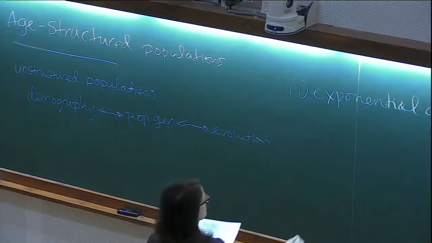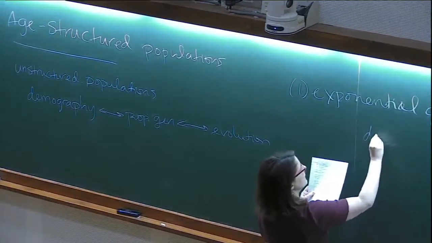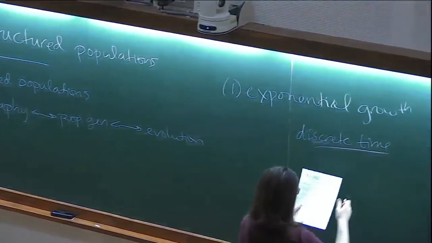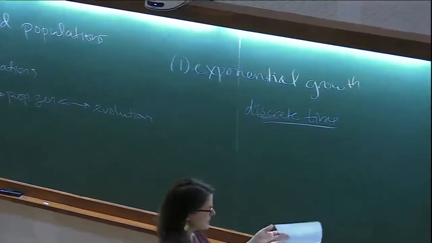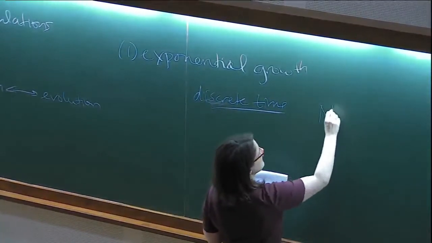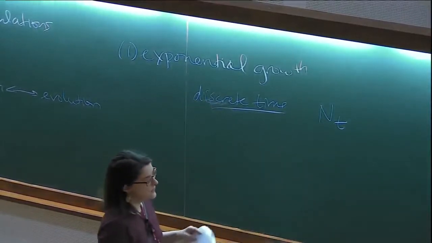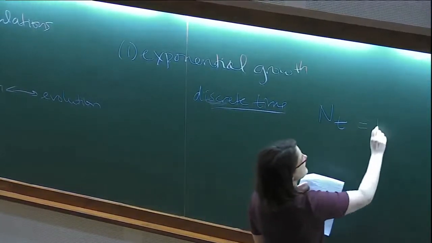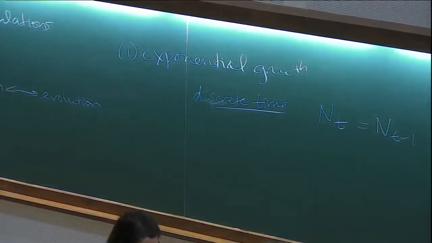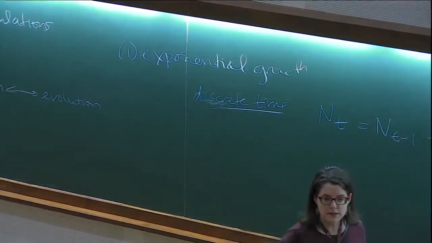So in discrete time, we might think to ourselves, well, at time t, what is the number of individuals in this population? We can write it like this. We have however many individuals were there one discrete time unit ago, plus some new number of individuals, right?